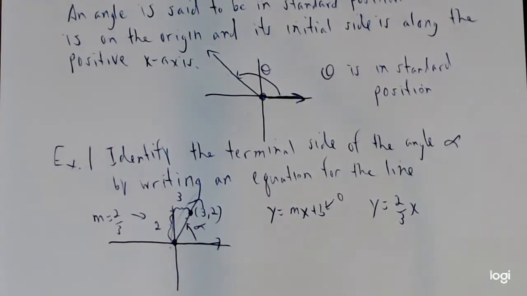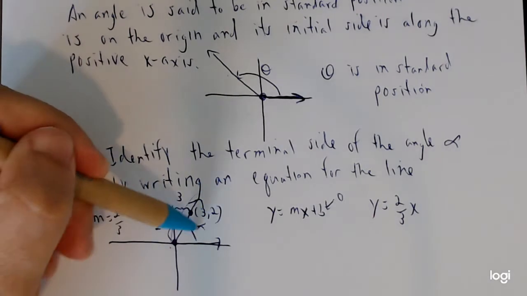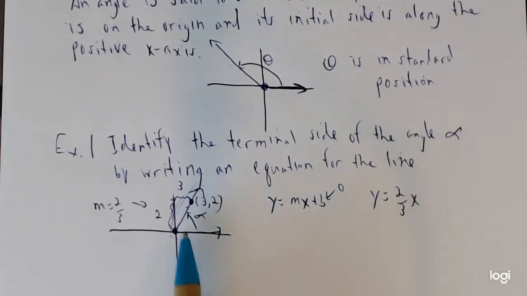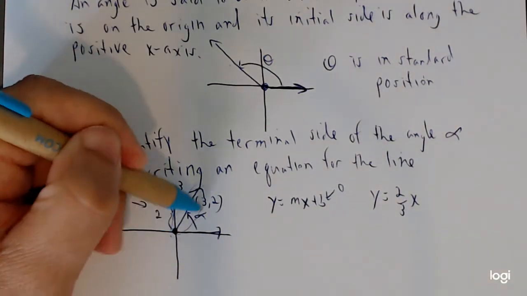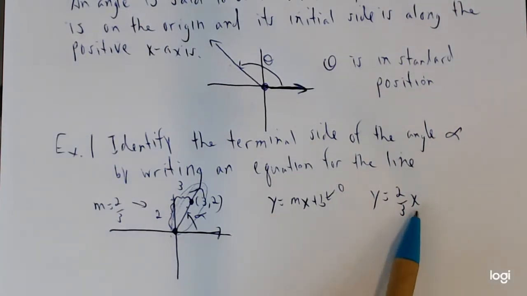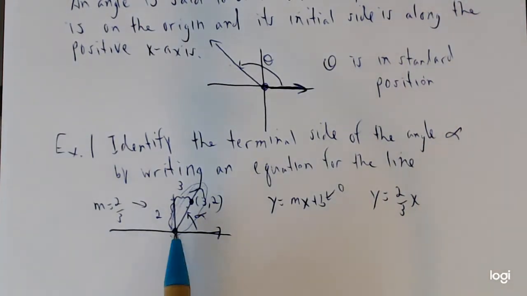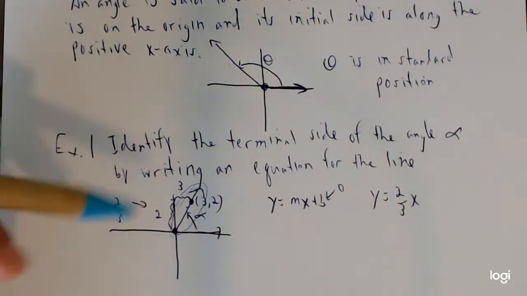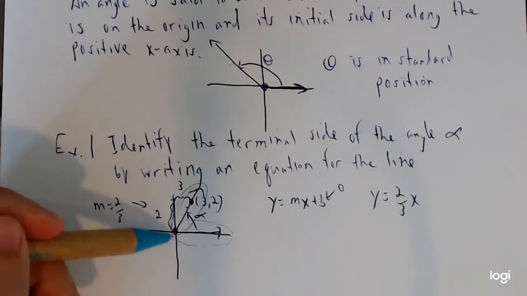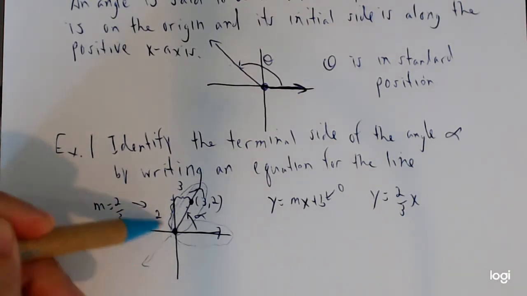Except one thing I want to point out: this is just half of the line. This y equals 2/3 x covers more than just the upper half, it also covers the lower half. To make sure that we only capture the upper half, I need to restrict my x values. Notice that when this line goes up, the x values are always positive. If it went down here, the x values would be negative.